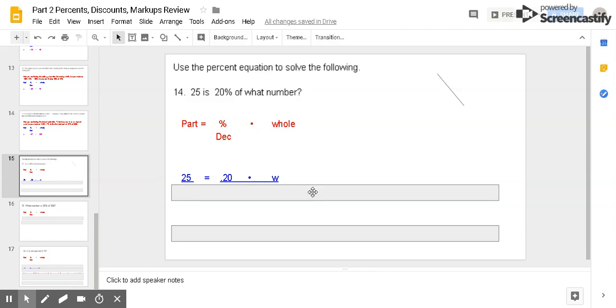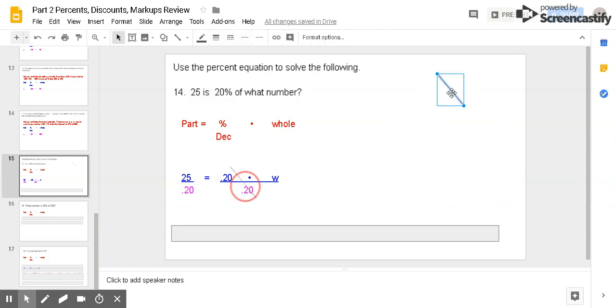When you go to solve this, you need to get W alone. W right now is being multiplied by 0.20, so you need to divide both sides by 0.20 in order to get rid of this 0.20. That cancels out these 0.20s, and you're left with W on the right.